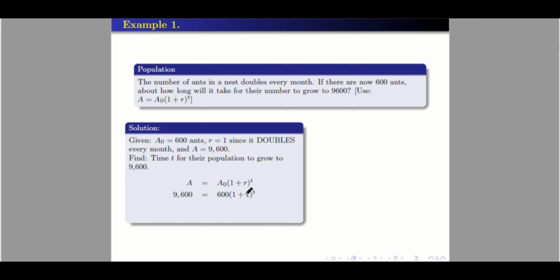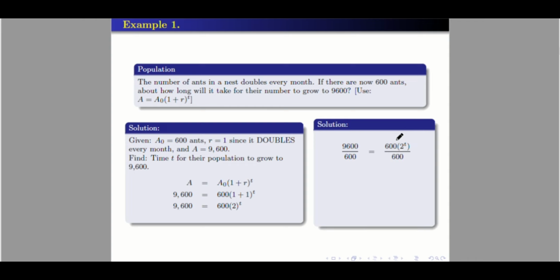Now, of course, you cannot use logarithm here because the exponent t is only for this expression 1 plus 1. First we can do that, 1 plus 1 is equal to 2. And since we cannot apply logarithm because the 600 is not included in the exponent t, we must first divide both sides by 600.